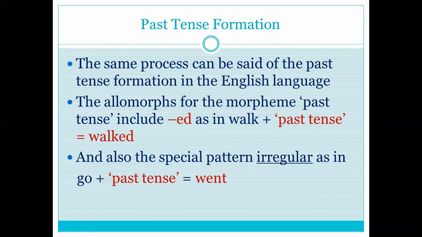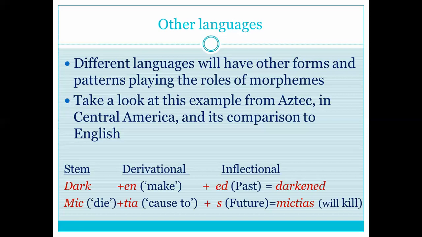Go in the past becomes went. We don't simply add an ed. And different languages will have different other forms and patterns that play into the roles of the same morpheme.